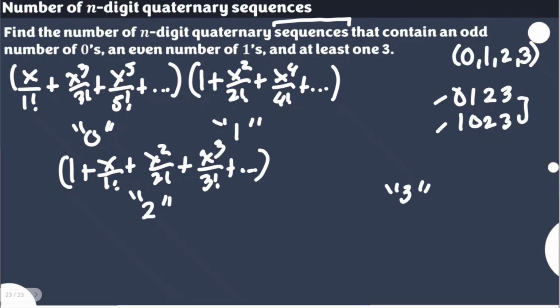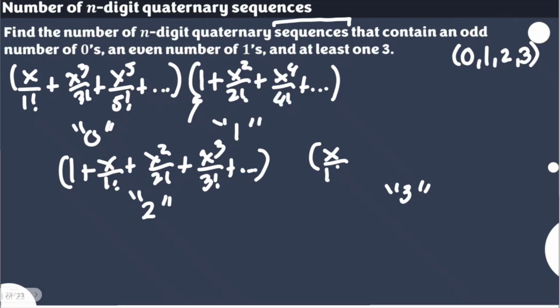Since we're talking about at least 1, the term 1 is not in its exponential generating function, because 1 stands for the possibility of non-existence. So here we have x to the power of 1 over 1 factorial plus x squared over 2 factorial plus x cubed over 3 factorial plus so on and so forth.